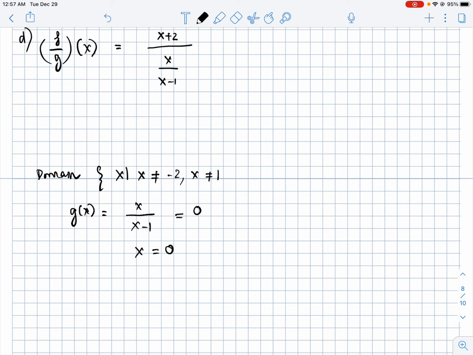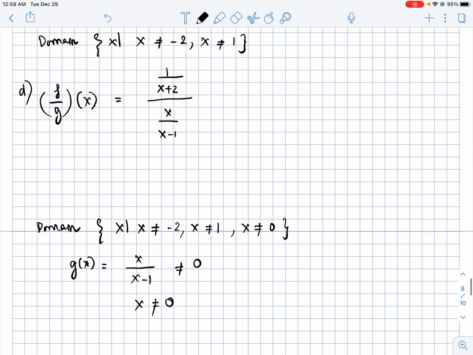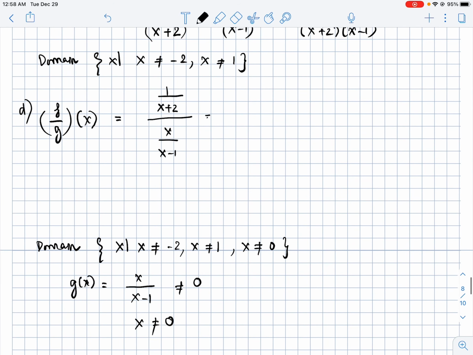So g of x equal to 0 when x is 0. If g of x is not equal to 0, then x has to be not equal to 0. The interval that satisfies the three conditions is all real numbers except negative 2, 1, and 0.